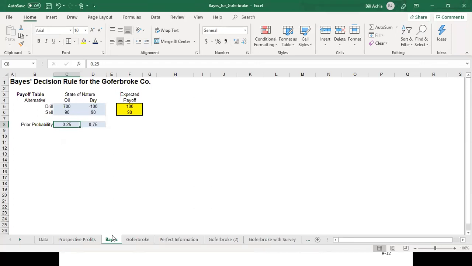Okay, how do we go about doing that? A simple calculation associated with the probability multiplied by that outcome.